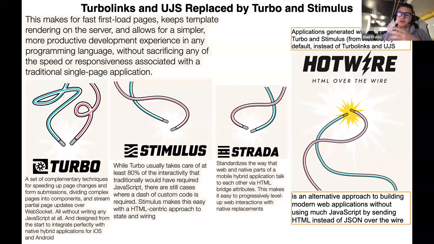We can just use Turbo of Hotwire, and some of our HTML pieces will be replaced automatically through WebSockets. Stimulus and Strada. I guess you already know what Stimulus is. You can read more information regarding Strada and see on the website of Hotwire these three things. I guess they are really helpful and can be used in the new approach of Rails 7.